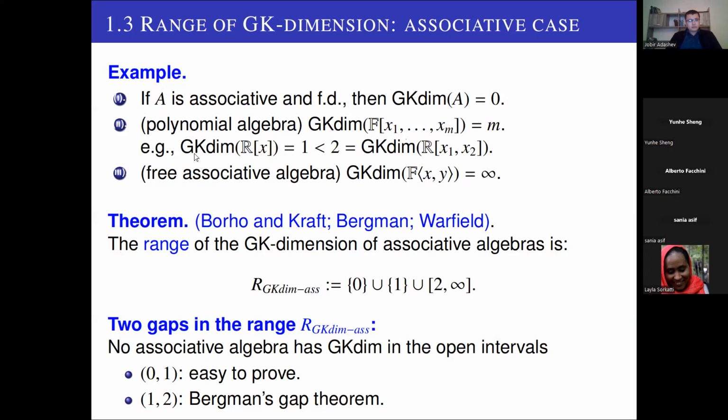For example, the GK dimension of R[x] is 1, and the GK dimension of R[x1, x2] is 2. So we can answer the question on the first page, maybe the second page. We can use GK dimension to distinguish those two algebras. For a free associative algebra, even in two generators, the GK dimension is quite large. It's infinity.